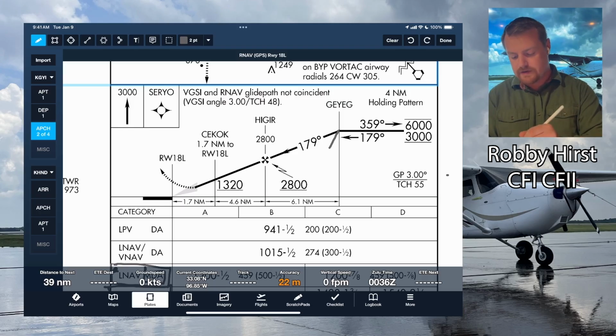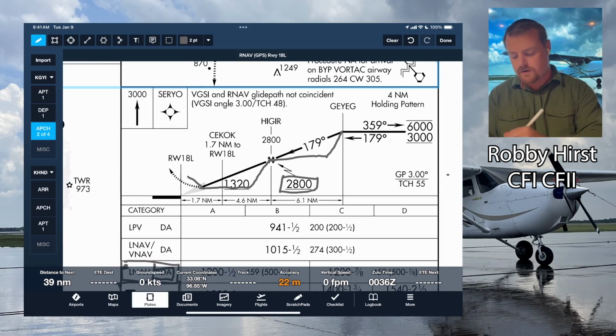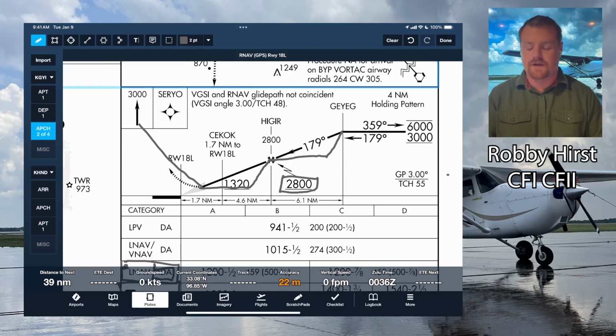We're going to fly down to 2,800 as our altitude here, and maintain that until HIGER, and then at HIGER we are cleared to descend down to 1,320 and continue across at 1,320 until we reach our missed approach point. At that point, we would start our missed approach procedure.